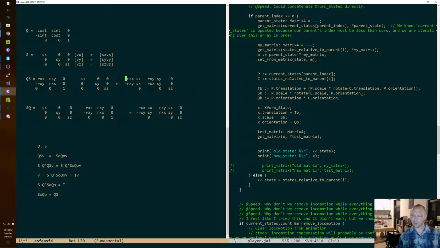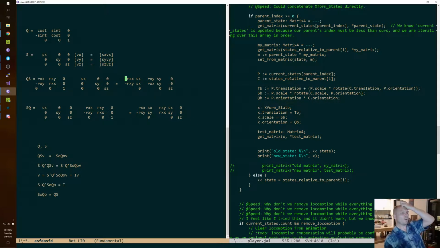When all scales in the axis of rotation are equal, you can commute them. Yeah. So it's possible. It's possible that that's actually true for the animations that we have here. But I don't know.